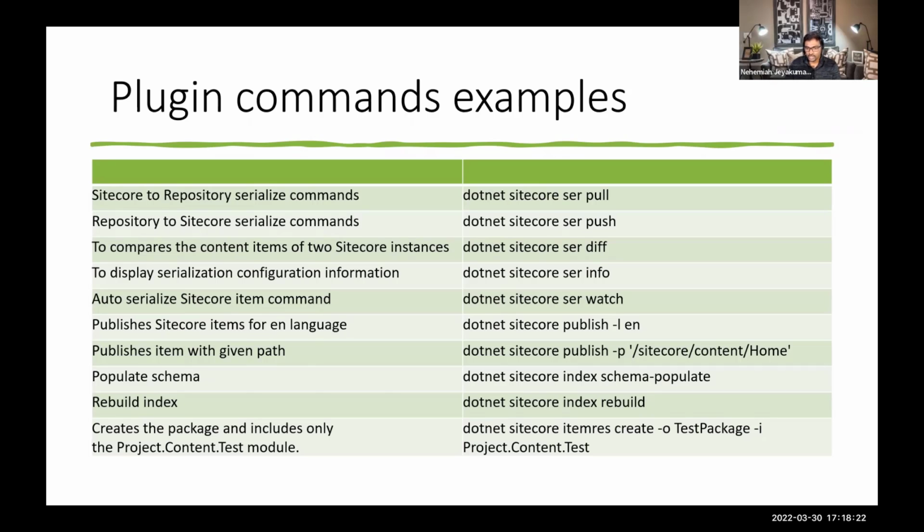When I talked to one of the Sitecore people, they said they are working on an enhancement to allow developers to publish sub items as well. And other things, like populating the schema and rebuilding the index, you can also do from the command line itself.